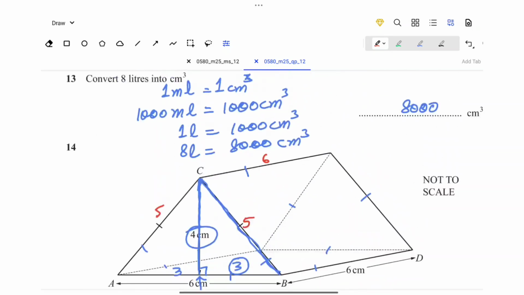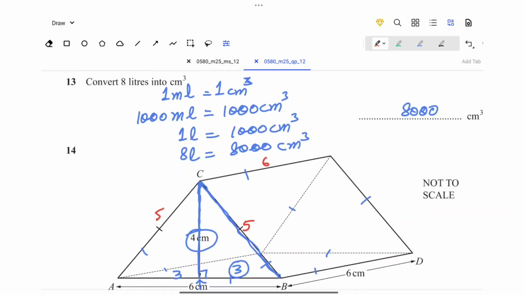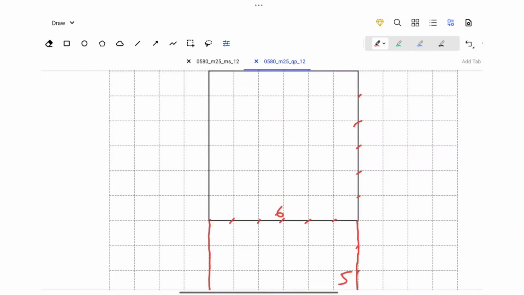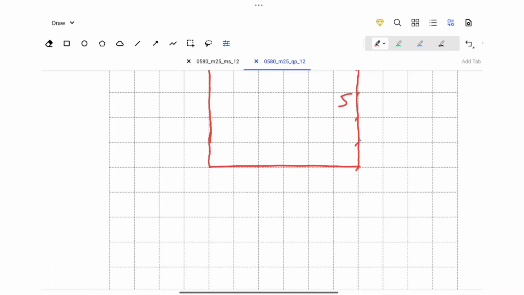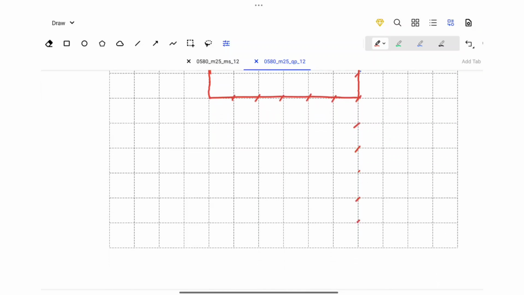The other rectangle, which is the back side face, is also 6, 5. So another rectangle we have, this is 1, 2, 3, 4, 5, 6. So again 1, 2, 3, 4, 5.